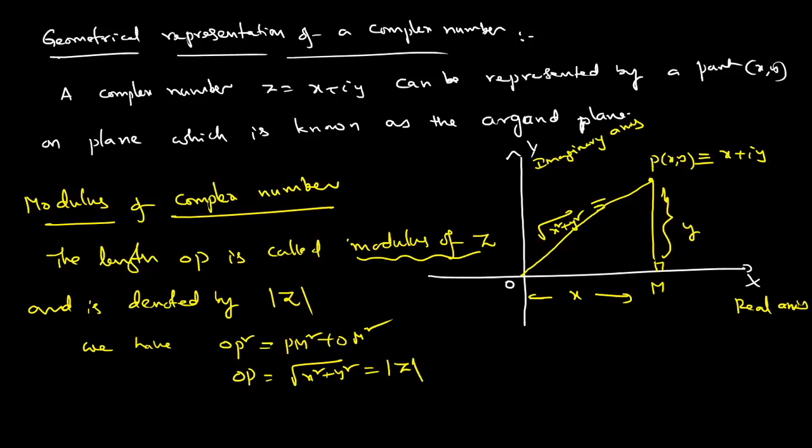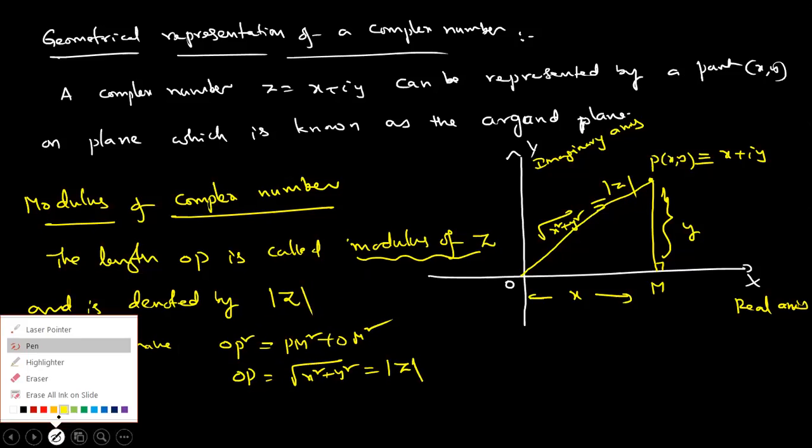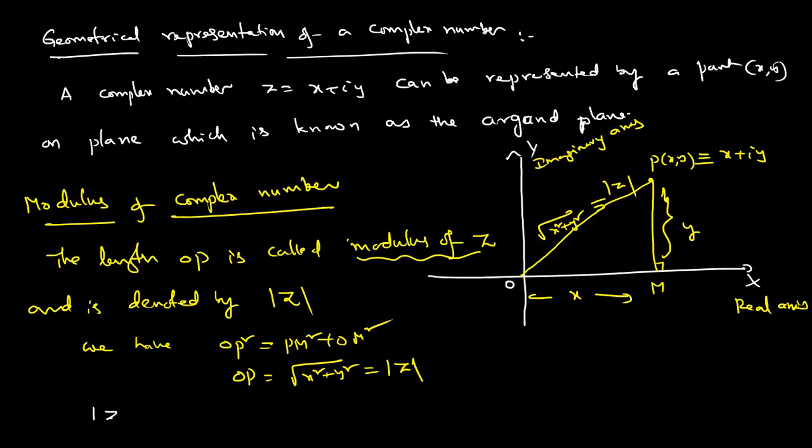This is nothing but mod Z. Please add this point, all of you. So mod Z is equal to root over x, meaning the real part of Z whole square plus the imaginary part of Z whole square.